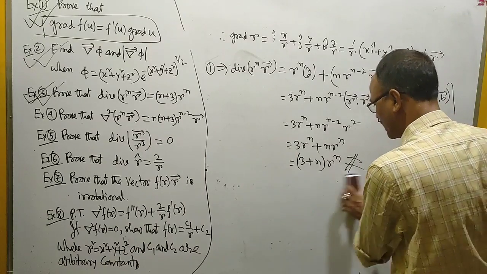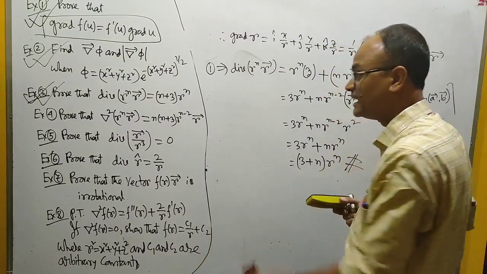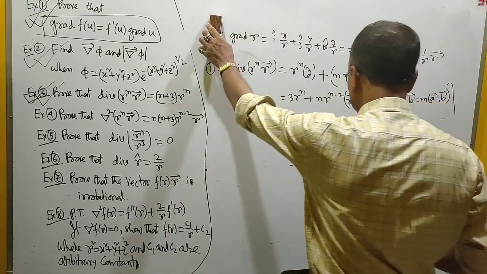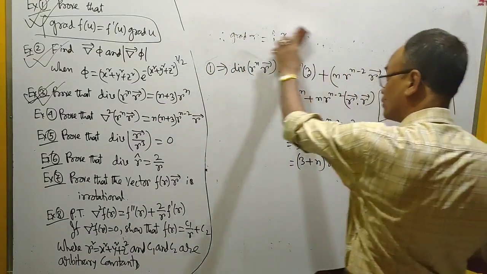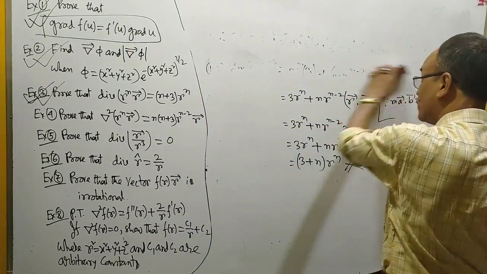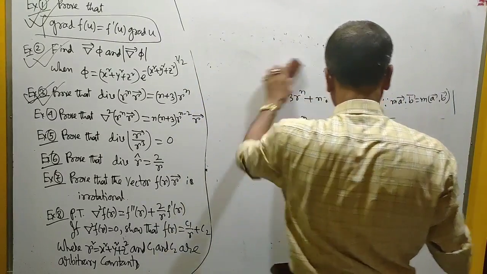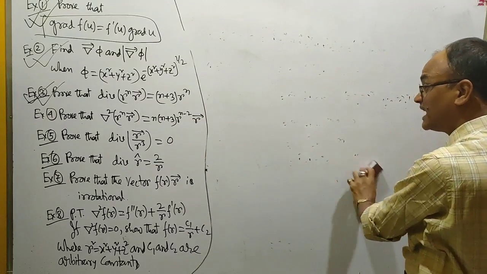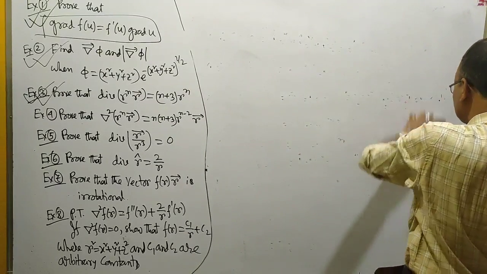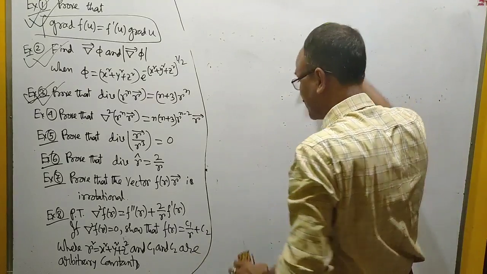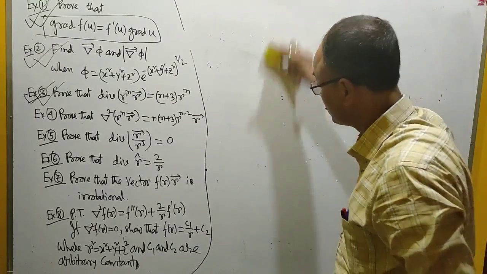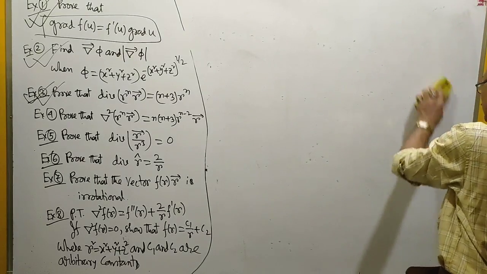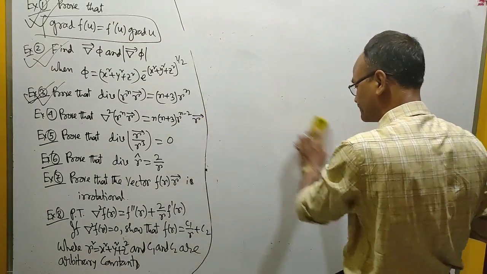Alright, now we are going to solve number 4. Let me solve number 4. What is it? It is the Laplacian of r to the power n r vector.